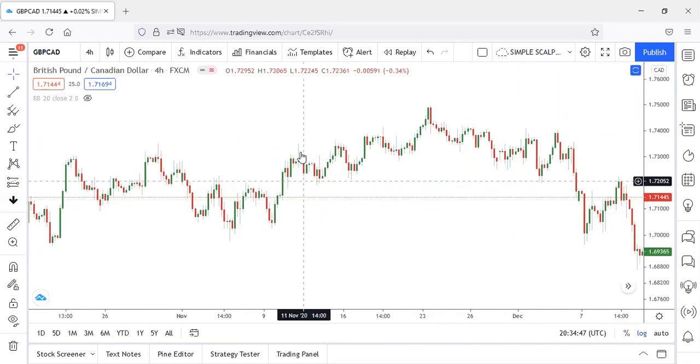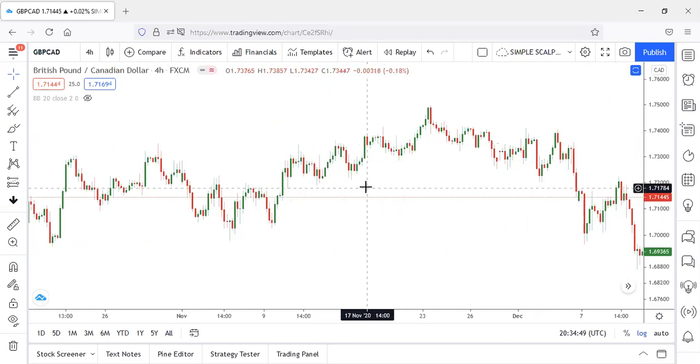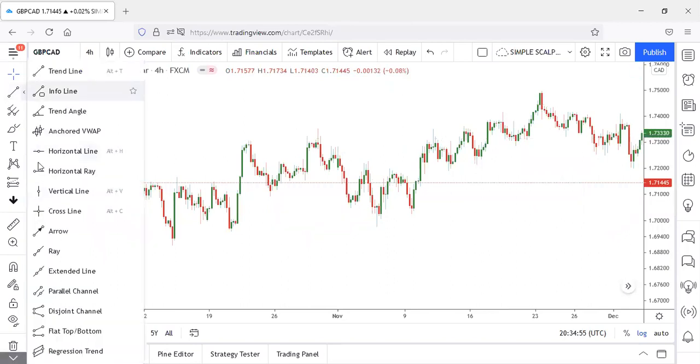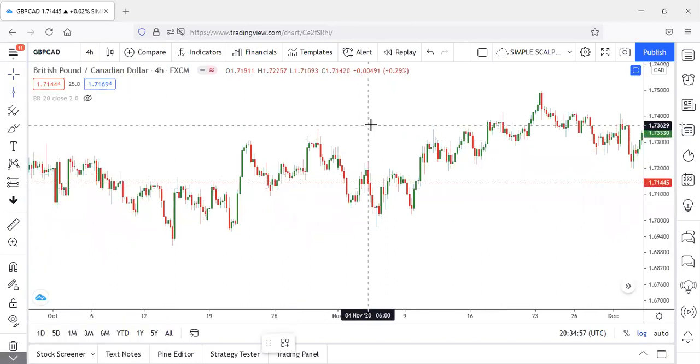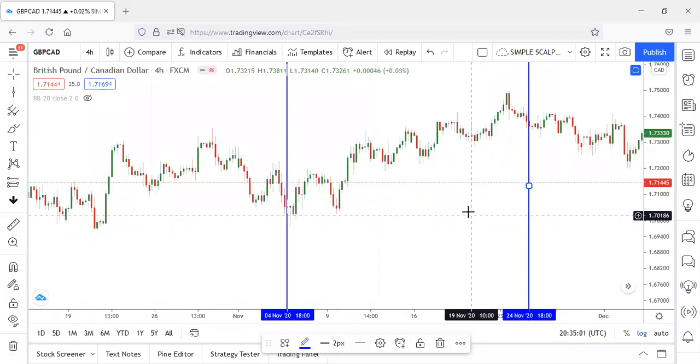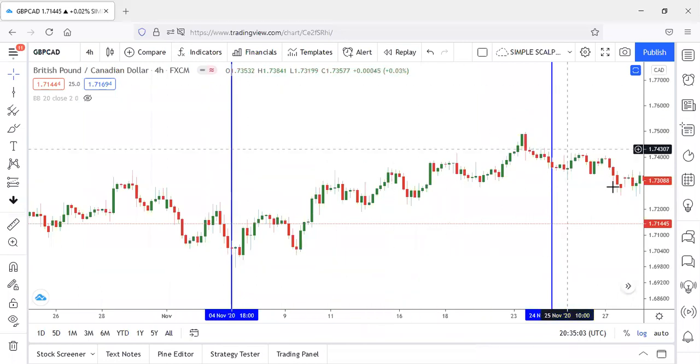Okay, let's make use of this, guys. Let's make use of this particular area between this place and this place. All right, so we want to make use of this area.